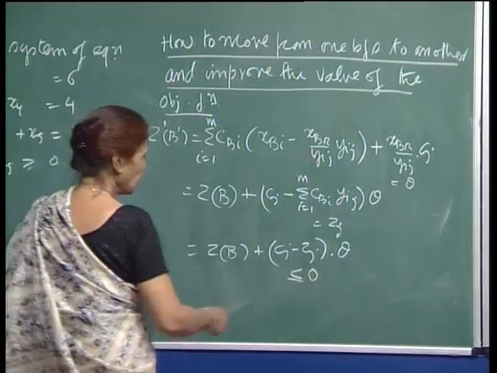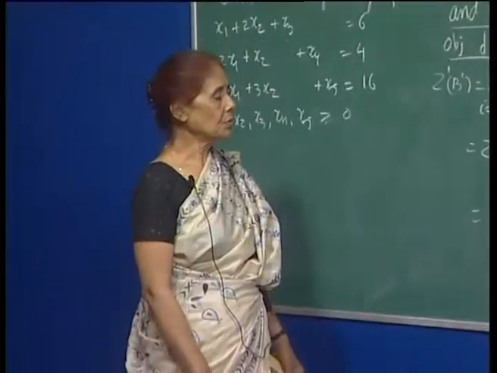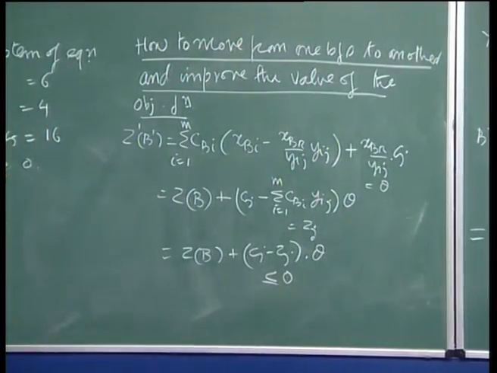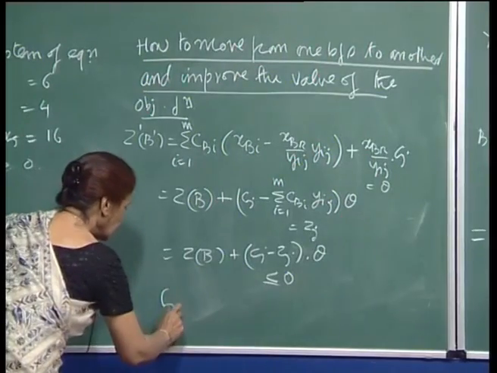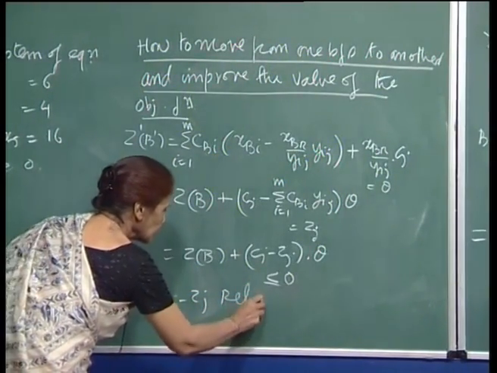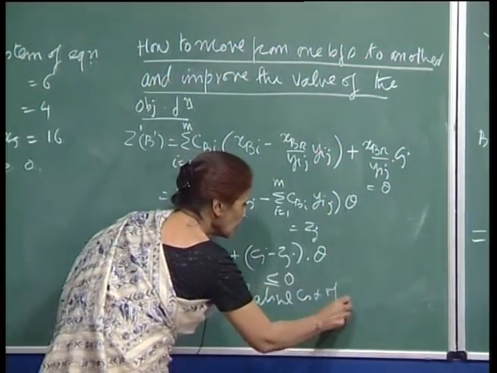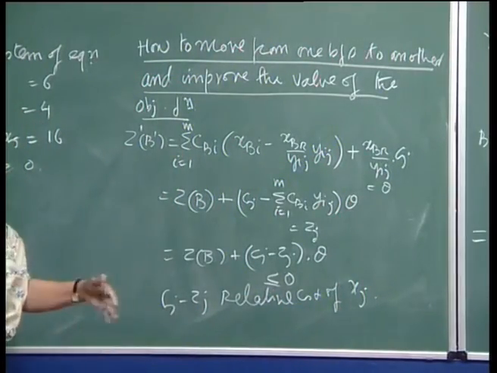Okay. So, Cj minus Zj, if it is less than 0, then the value will definitely improve. Equal to 0, the value will remain the same, right. And we call Cj minus Zj the relative cost of xj. Relative cost, because this is the rate of increase.